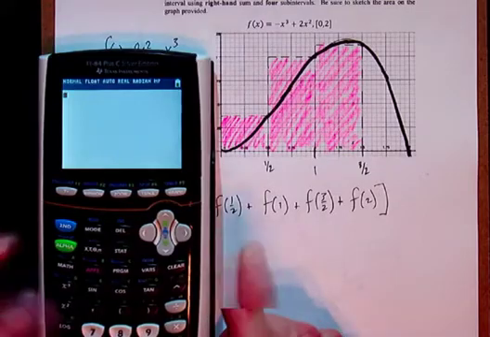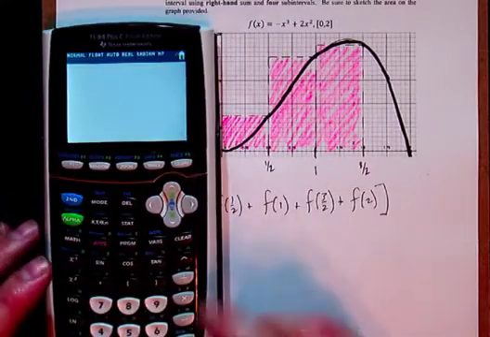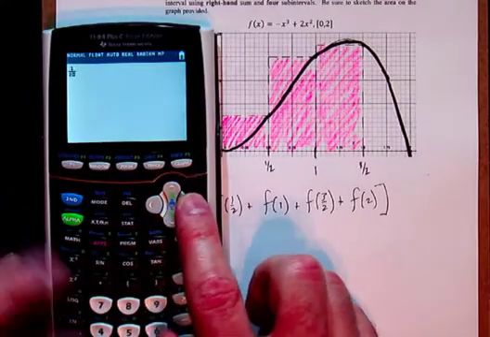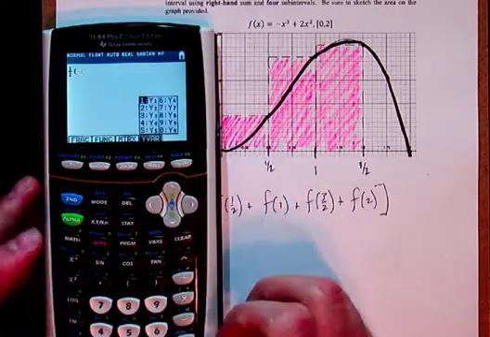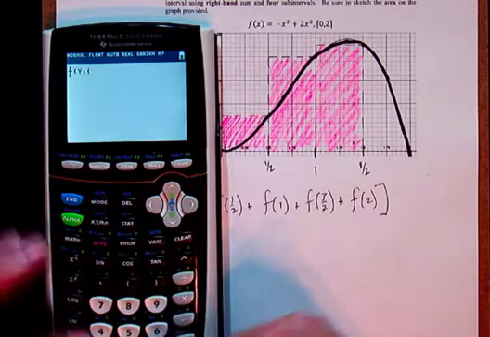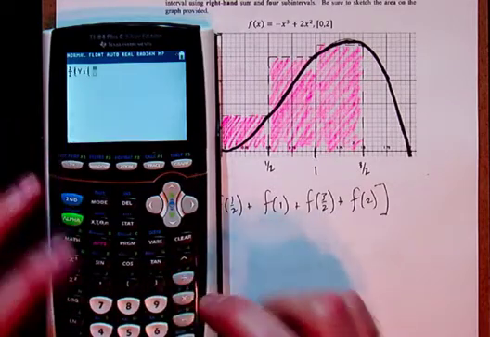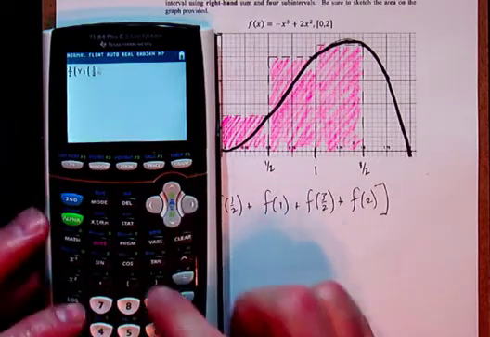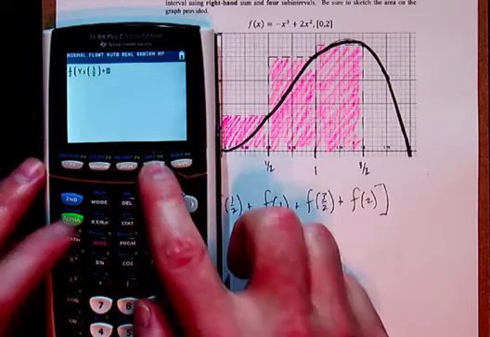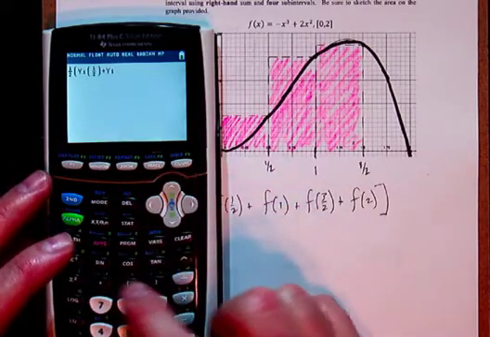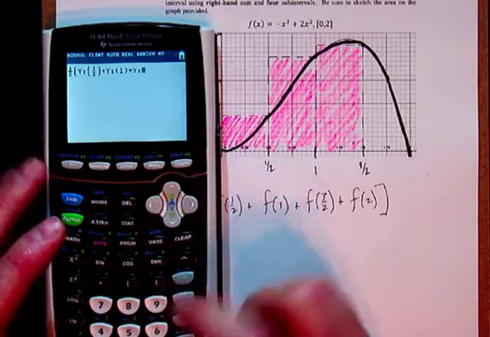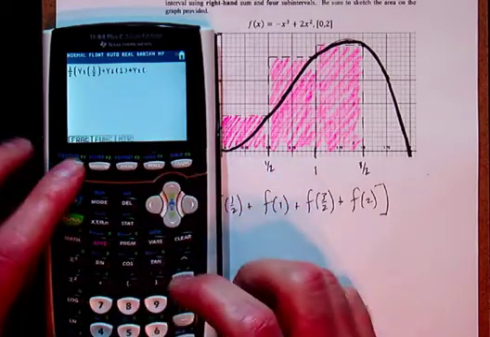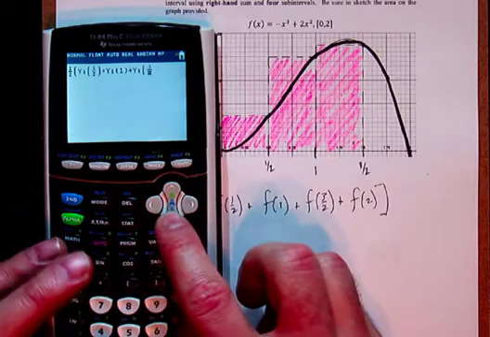So you may want to, and I'll go ahead and use the fractions now, 1/2 times y1 of 1/2 plus y1 of 1 plus y1 of 3/2.